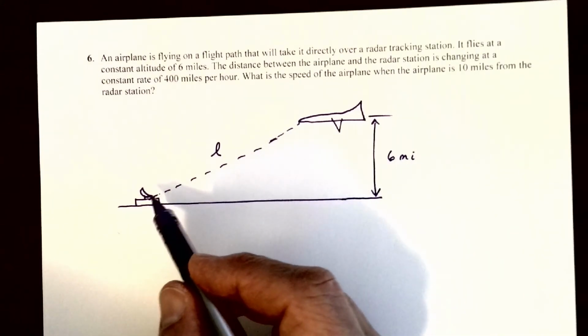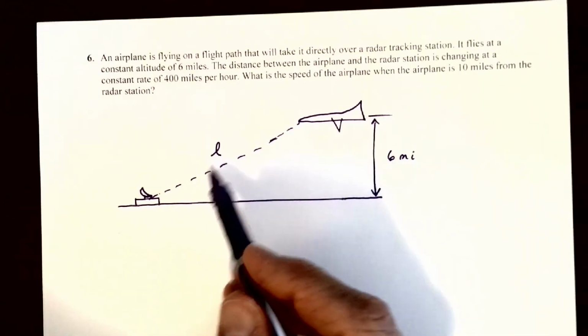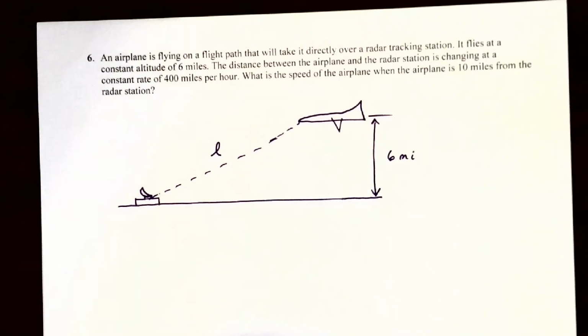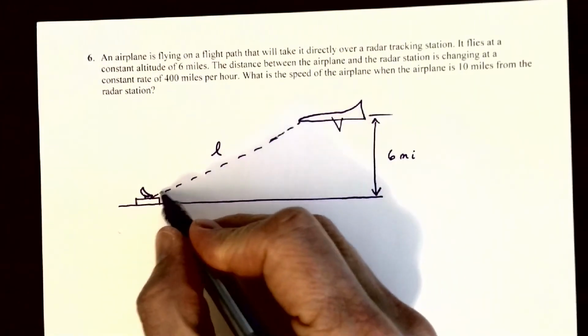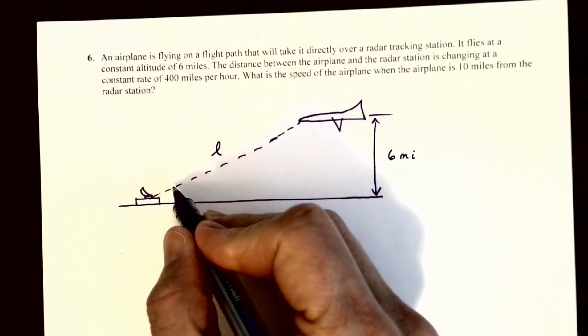Since they know how fast it's going and they know the time, they can find the distance. And of course, they're sending that signal out very rapidly, many times, so they're constantly getting updates about this rate of change of the distance between the radar station and the aircraft.